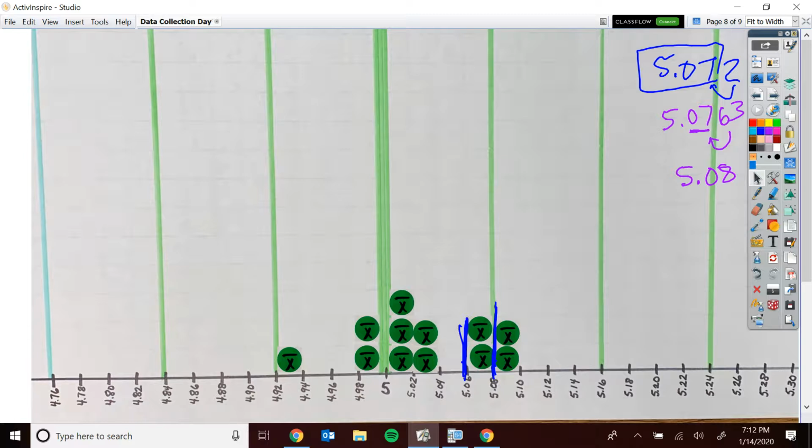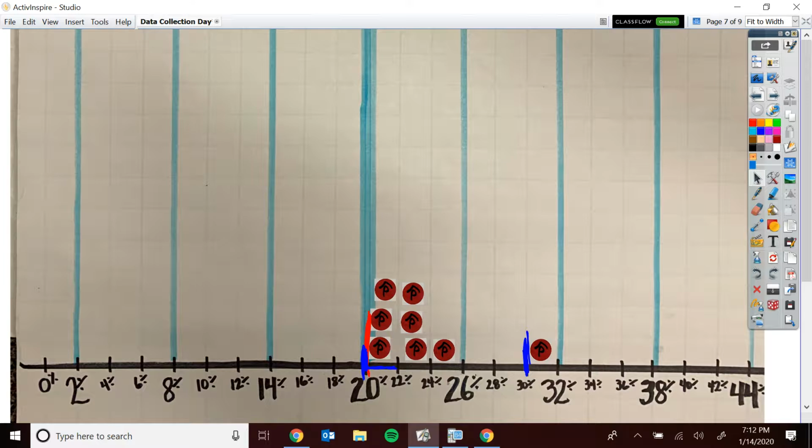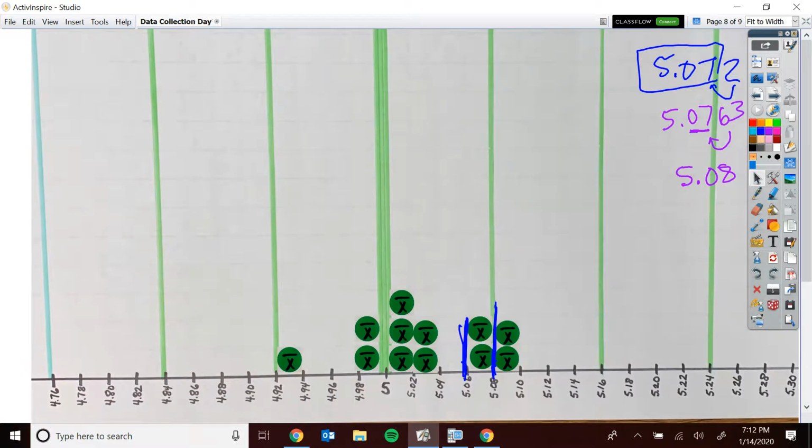All right. I'm very interested to see at the end of the day, after we have all the data, what the shapes of our sampling distribution for proportions and sampling distribution for means are going to be. I'm interested to see where they are centered around.